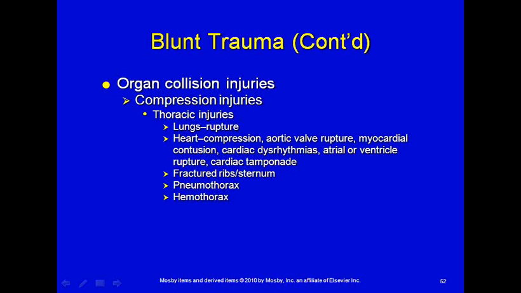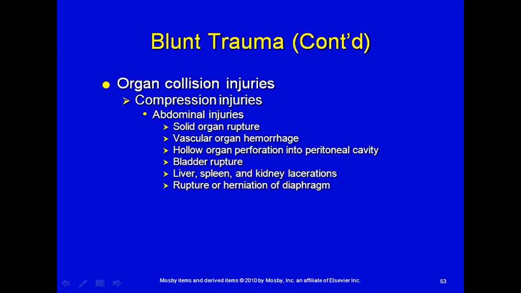But more importantly, underneath there was an excessively large pulmonary contusion as well. Rib fractures can lead to pneumothorax and hemothorax.